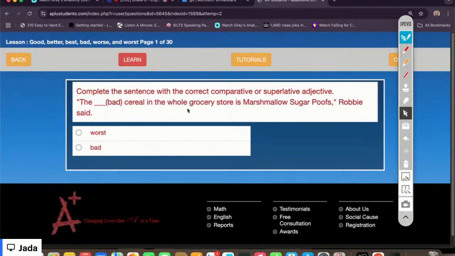The bad cereal in the whole grocery store is marshmallows, sugar puffs, Robbie said. So complete the sentence with the correct comparative or superlative adjective. So is it the worst or the bad?